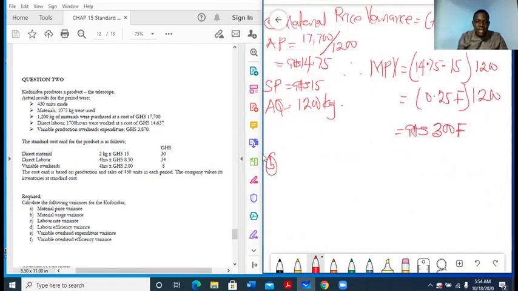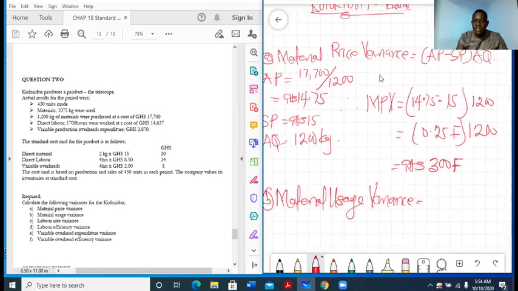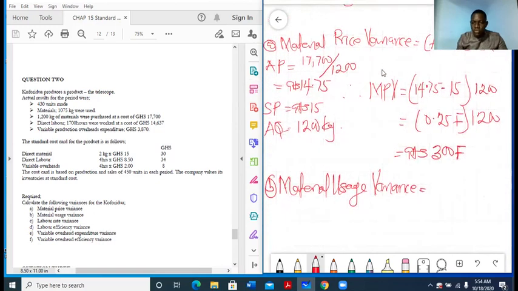Now, material usage variance is equal to the actual quantity minus the standard quantity, measured at the standard rate.